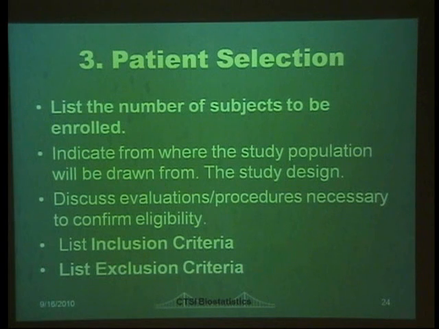This is based on calculations we're going to do later. Indicate where we're going to get these patients from. If it's a retrospective study, whose charts they're coming from or what national database they're coming from. If it's a prospective study, whose patients they are, what clinic they're coming from.